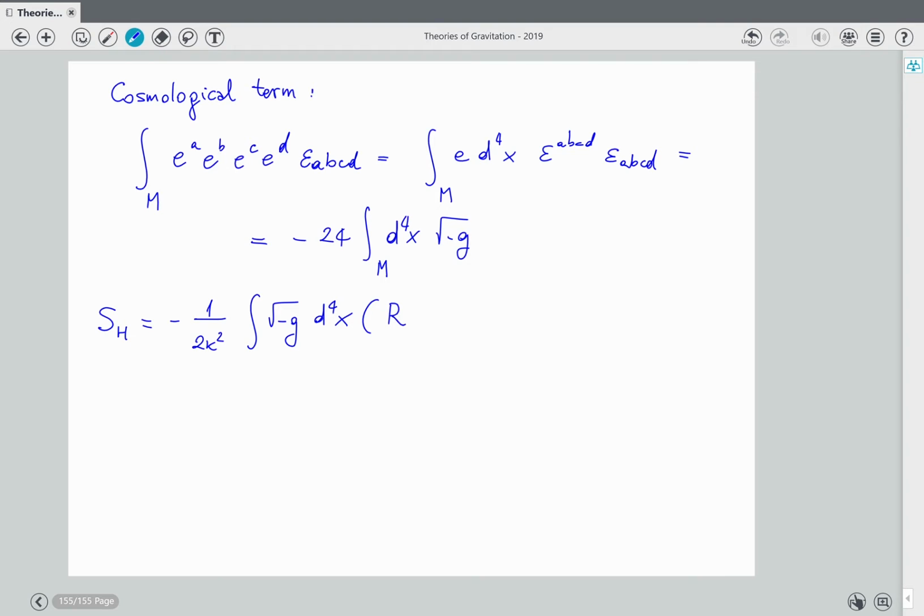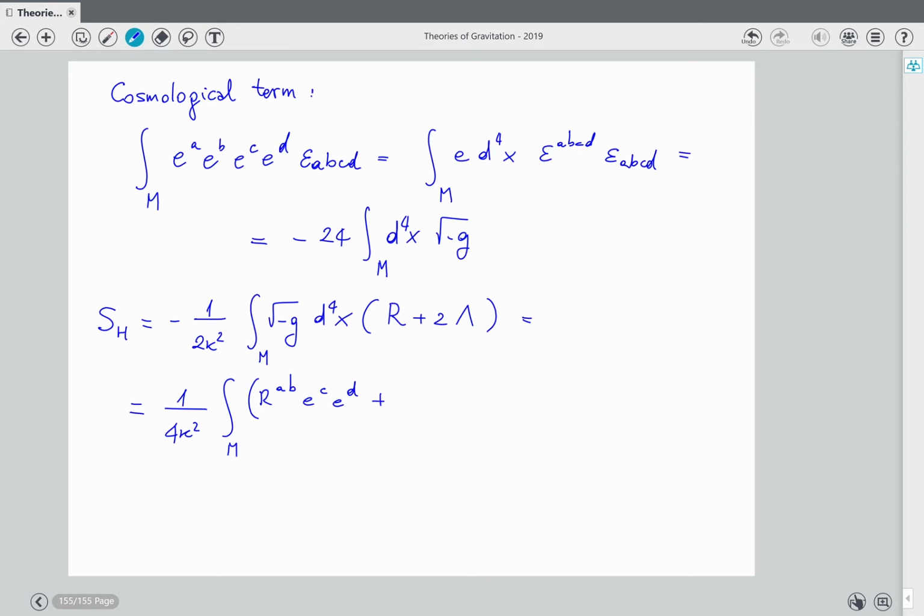R, which is scalar, plus 2 lambda. And if we want, well, we know that the first one is C, big C, which is 1 over 4k squared, integral over M of R^{AB} E^C E^D.